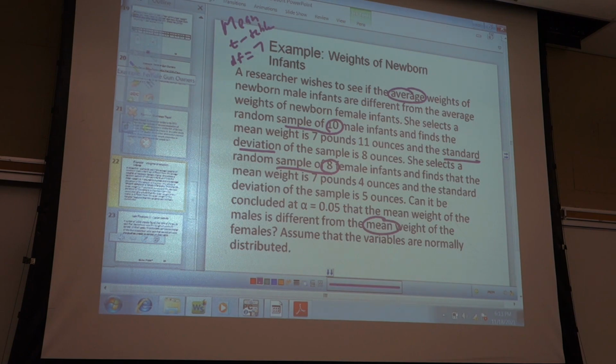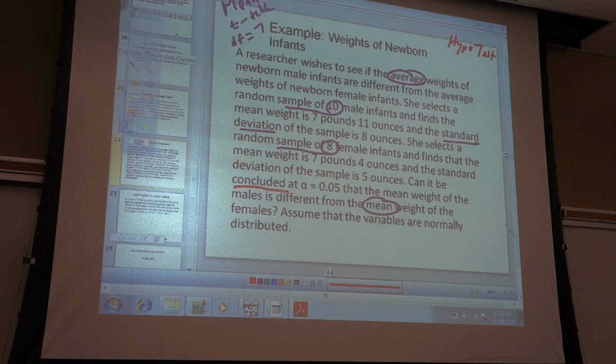Okay, is this a hypothesis test or a confidence interval? How do you know that? Concluded? And also there's no word estimate or the phrase confidence interval. Okay, great. How many samples is it? 2.